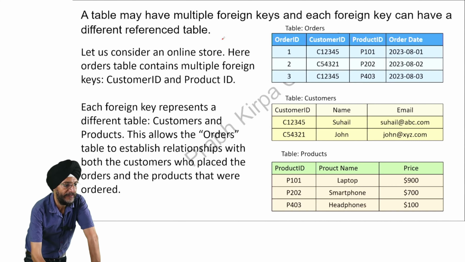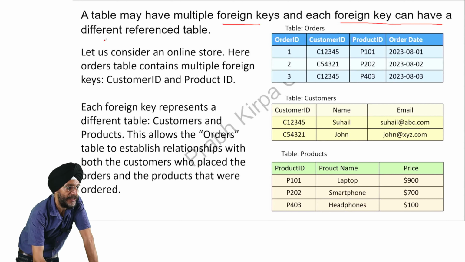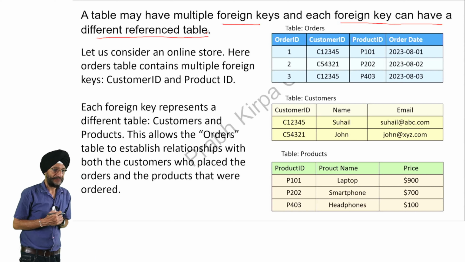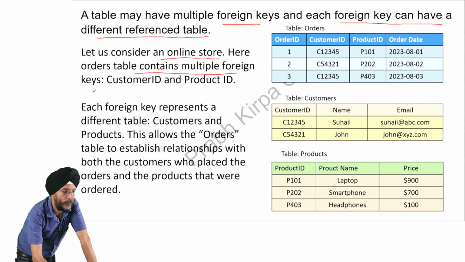A table may have multiple foreign keys, and each foreign key can have a different reference table. Let us see how it happens. Consider an online store. Here the orders table contains multiple foreign keys.